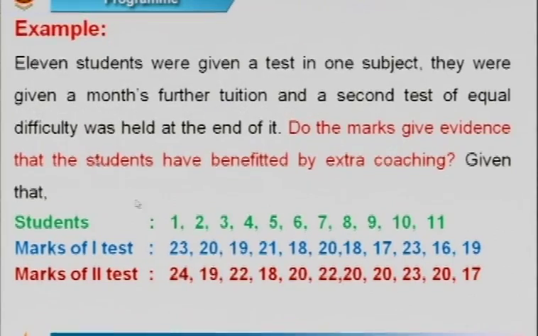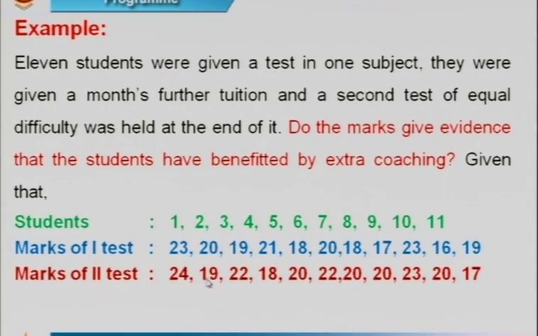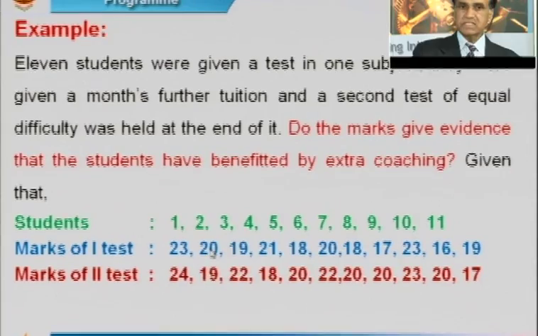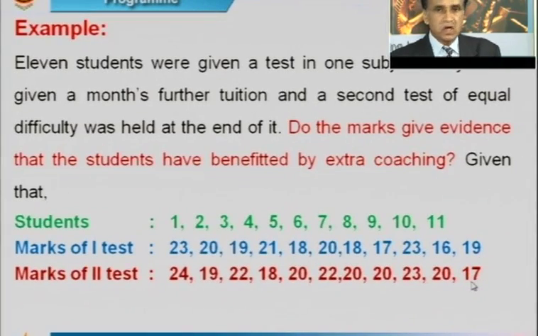For example, 23 minus 24 or 24 minus 23, in any way you can write. Similarly, 19 minus 20, otherwise 20 minus 19, up to the last number, that is 19 minus 17 or 17 minus 19.